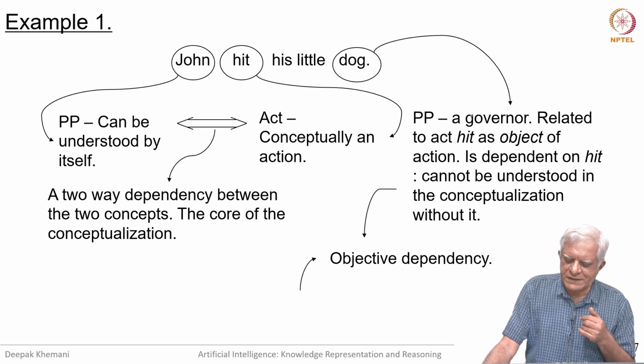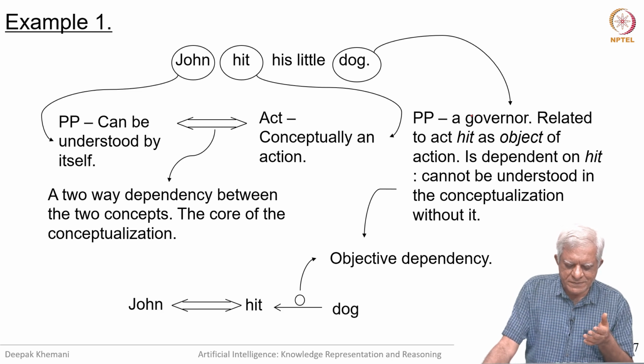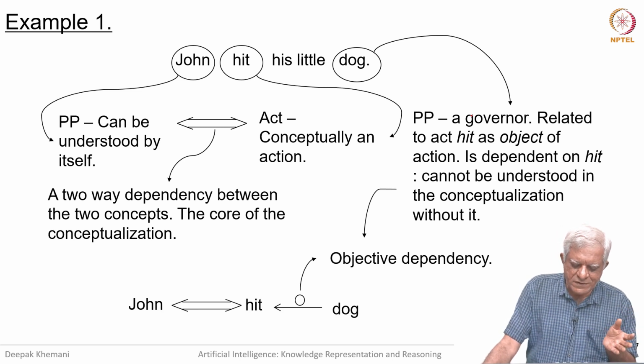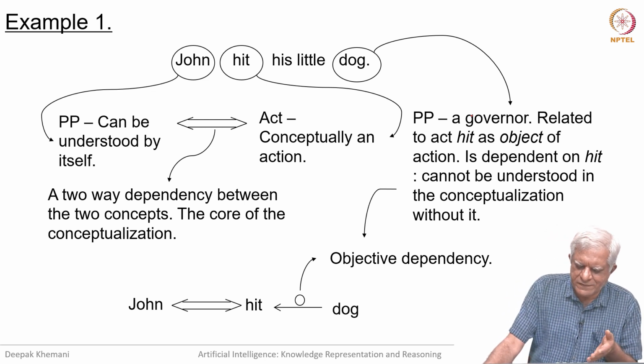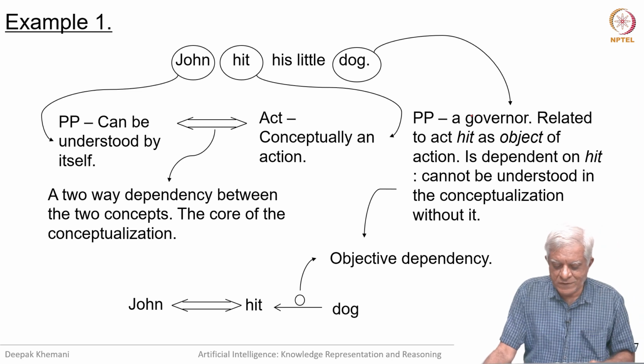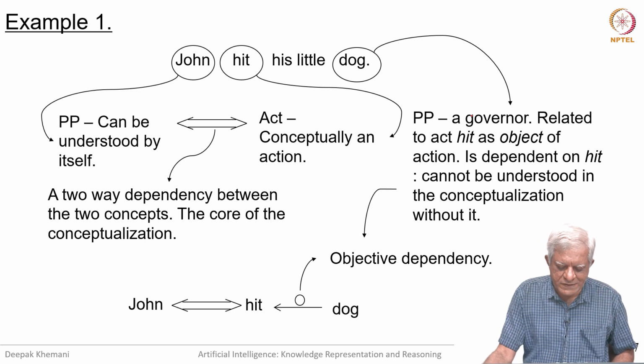That is known as objective dependency, and the sentence would be something like this: John is the agent, hit is the action, and John hitting is the basic conceptualization, and the object of hitting is the dog. As I said, we are using a graphical notation here, but one can always write them in a logic like notation by using predicate names for the different dependencies that we are representing here using arrows.